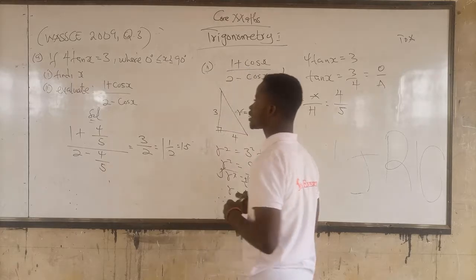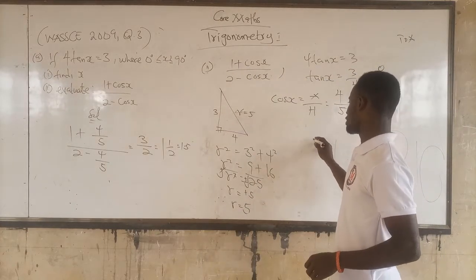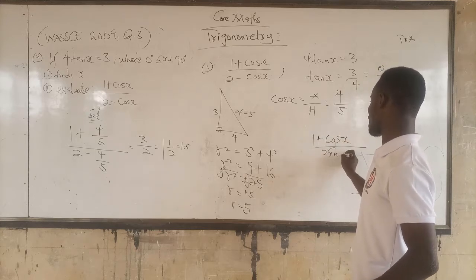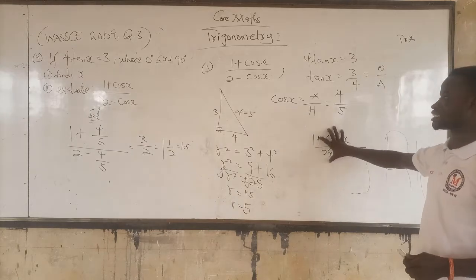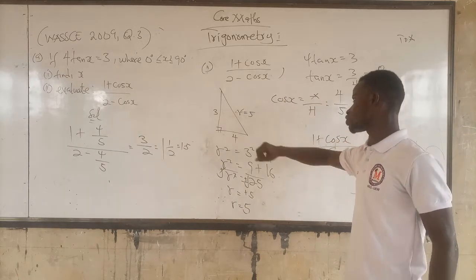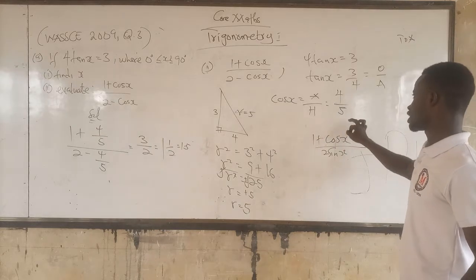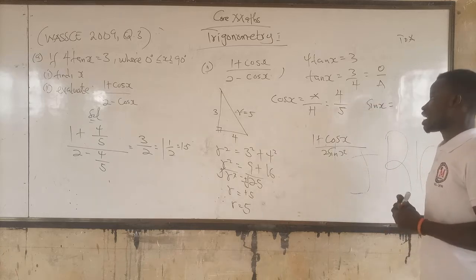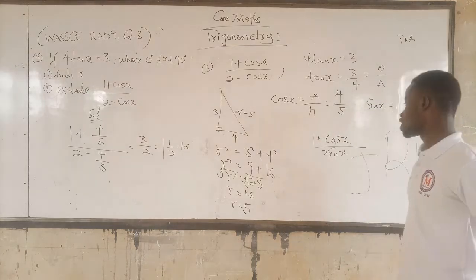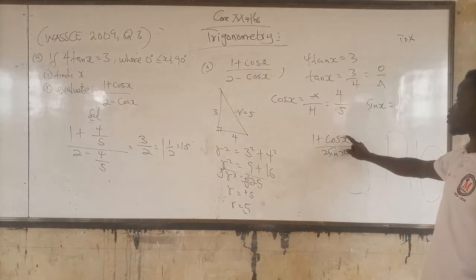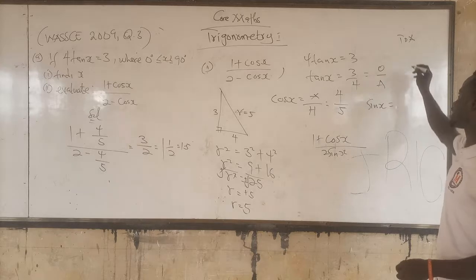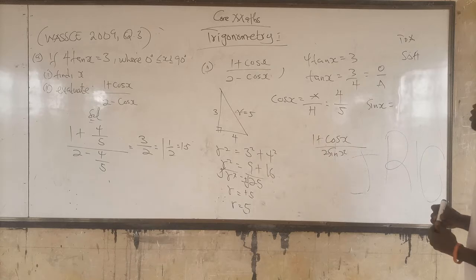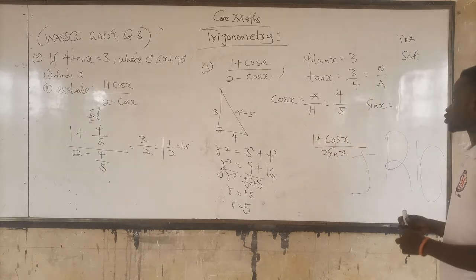Now, in case you meet a question like evaluate 1 plus cos x all over 2 sine x, then from the right angle triangle, you are not going to look for only cos x, but rather you add sine x too. And you will still be using the diagram, okay? Because cos x is 4 over 5, but for sine x, always don't forget, it is opposite over the hypotenuse.